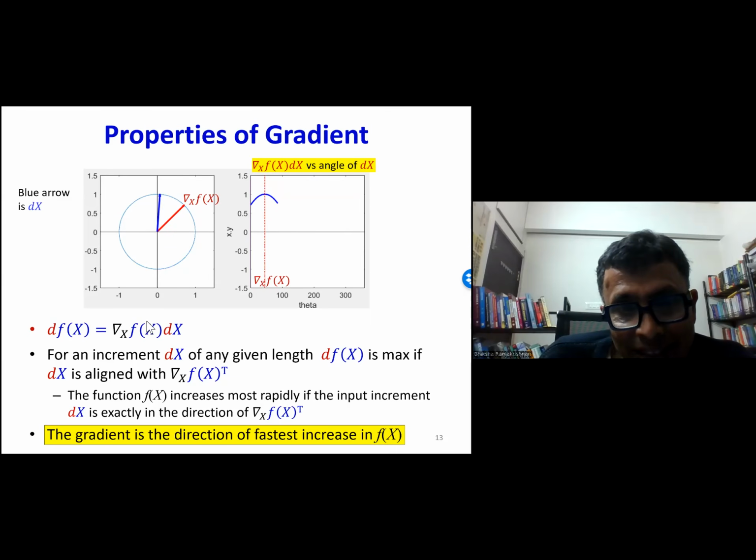When dx is the same direction as the derivative, correct? So in other words, the change in the function value is going to be largest if the increment that you take is in the direction of the derivative, of the gradient. Is that making sense?